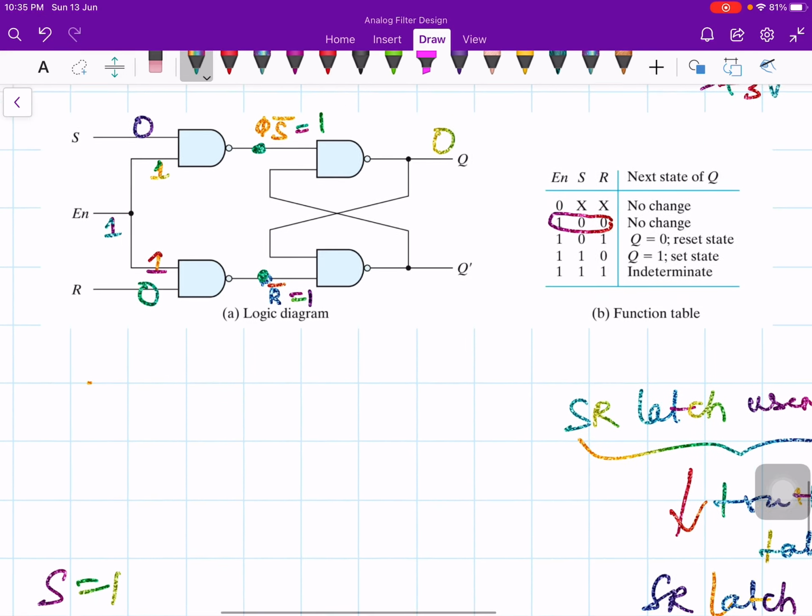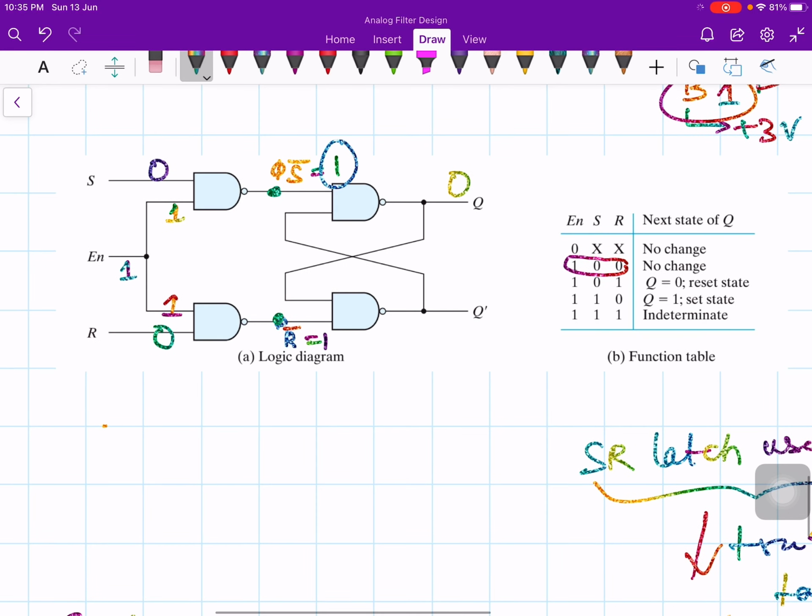So if S bar is 1 and R bar is 1, then the output will not change, no change in the previous state. Okay, and take the next one. Is that clear? I don't know, because I myself am not convinced.